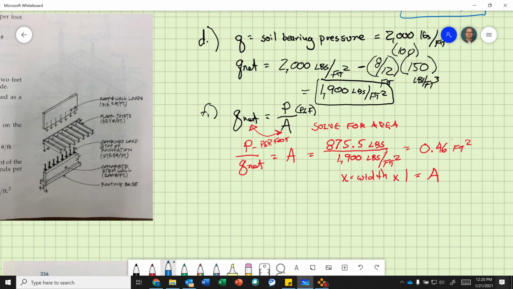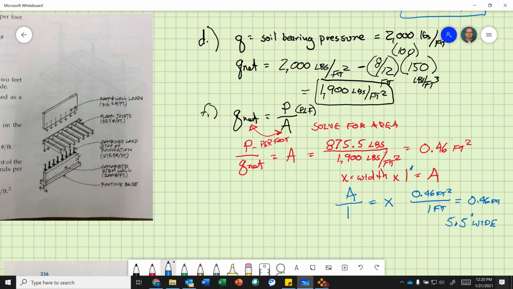That means we take area divided by 1 equals my width. And that equals 0.46 square feet divided by 1 foot. So my width equals 0.46 feet. So if I take that times 12, that's only a 5.5 inch wide footing. Does that meet code? No.